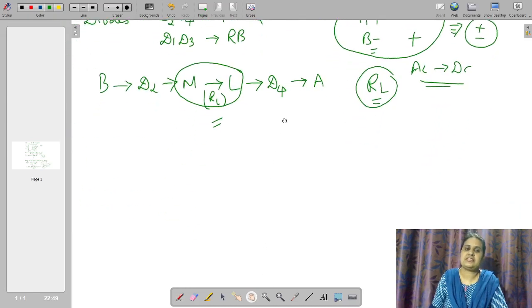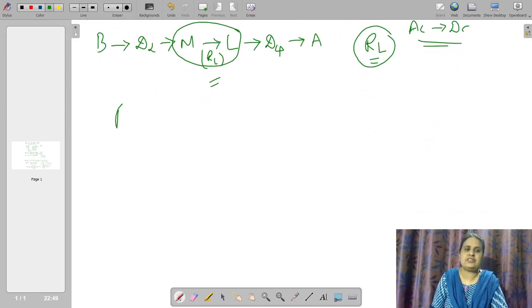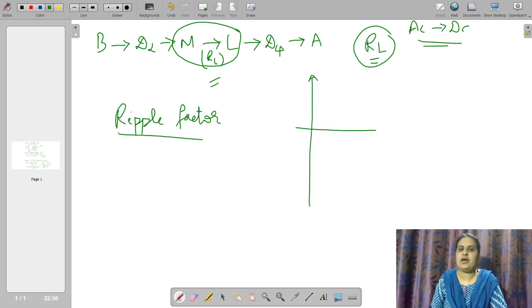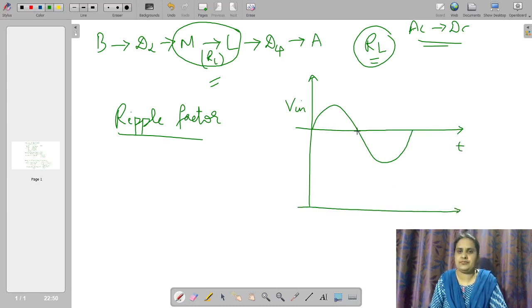This we had discussed in the previous class, and also we discussed what is a ripple factor. If you look at the output waveform of a bridge rectifier, if you have an input supply of this type, this is the input voltage, then I have an output voltage which is DC in nature.